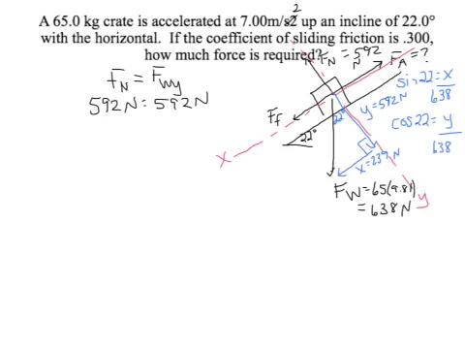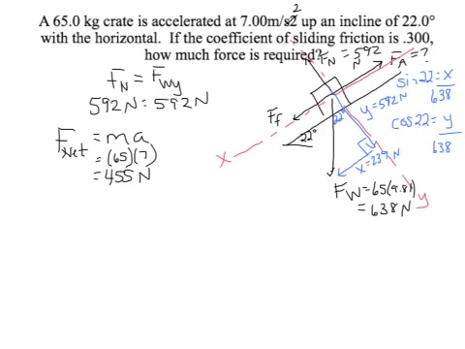Well, in this problem, they give us the acceleration. So the net force, what they do add up to, is equal to mass times acceleration. The mass is 65, acceleration is 7, so the net force is 455 newtons. I know that all the forces in the x direction must add up to 455 newtons.